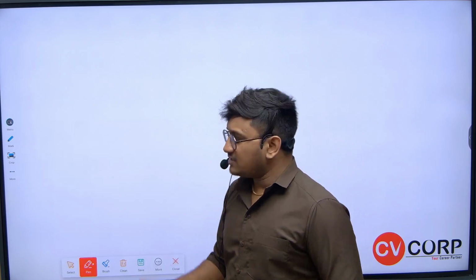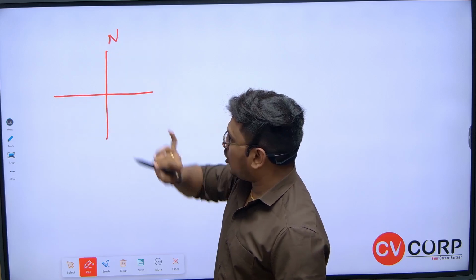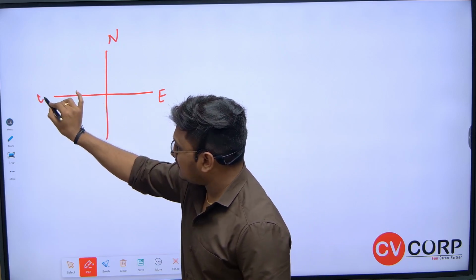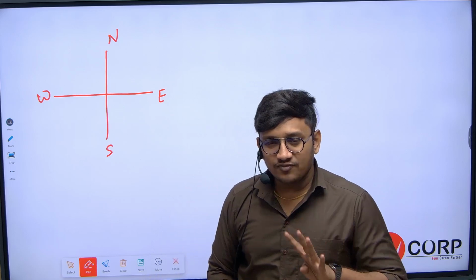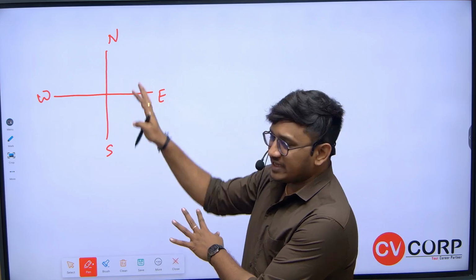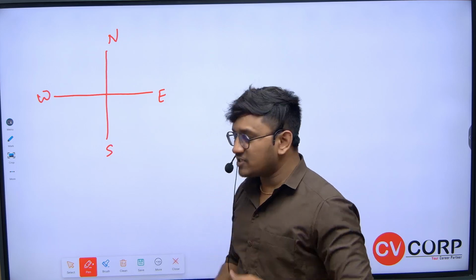So we have a total of 4 main directions: north, south, east and west. Other than these 4, we have 4 more directions.